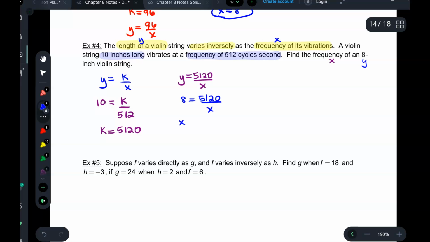It's basically 5,120 over 8, which gives us 640. And since they gave us units, let's write 640 cycles per second.